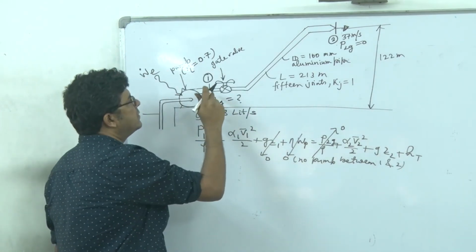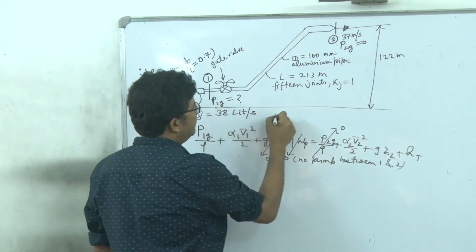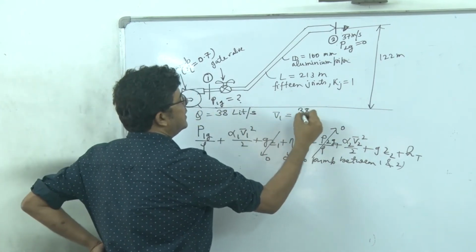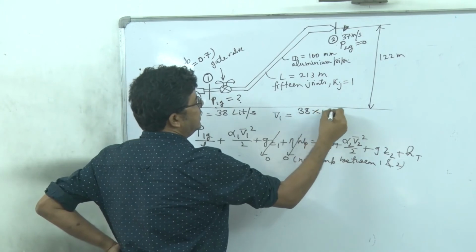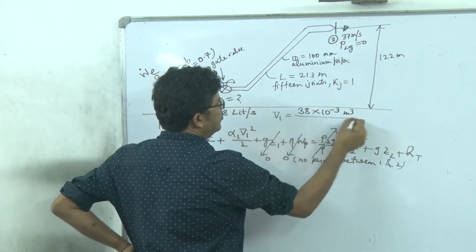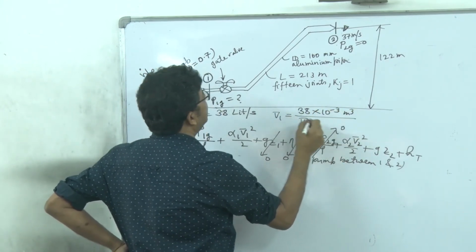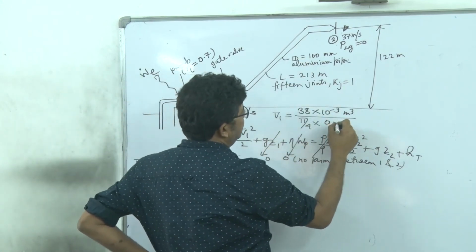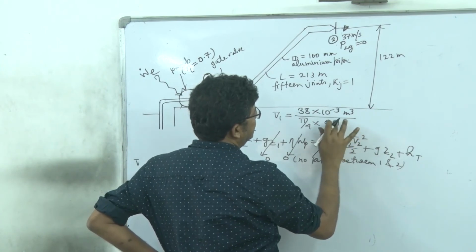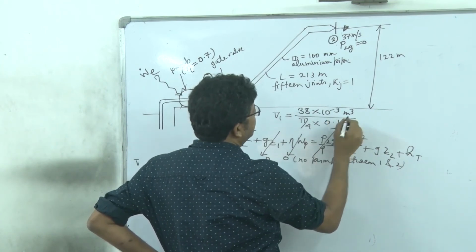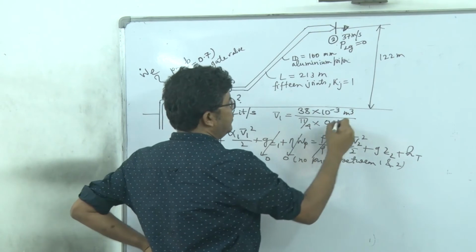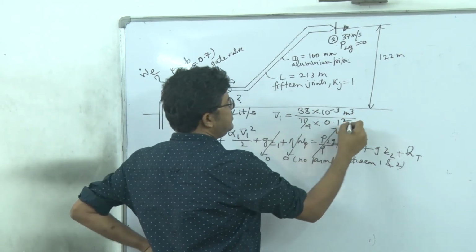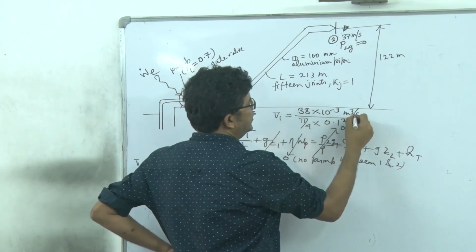And you see this V1 bar, first we have to solve it. This is 38 liters, so 38 into 10 to the power minus 3 meter cube divided by pi by 4, and the diameter is 100 millimeter, so it is 10 centimeter, and how much is that? 0.1 meter. So 0.1 square, meter cube per second.